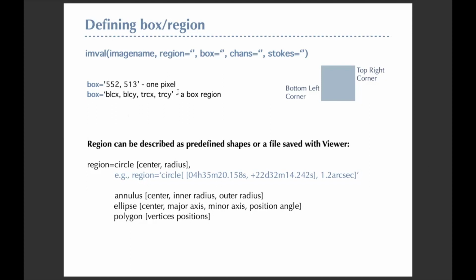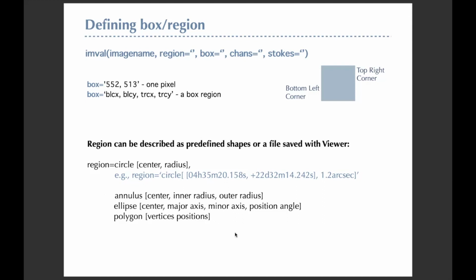Meanwhile, we can use the region parameter, which has more flexibility. We can use it to define a circle or many other shapes of interest. In this example, I'm using a circle. A circle requires you to define the coordinates of the center and also the radius. So this is for command use.